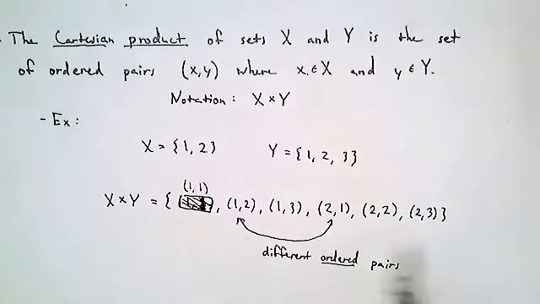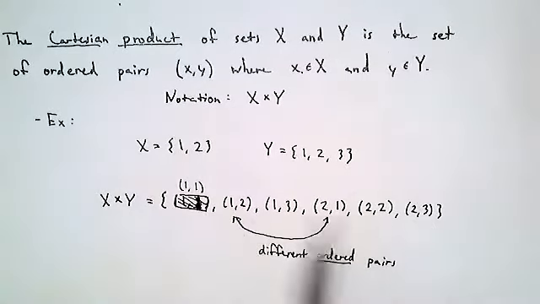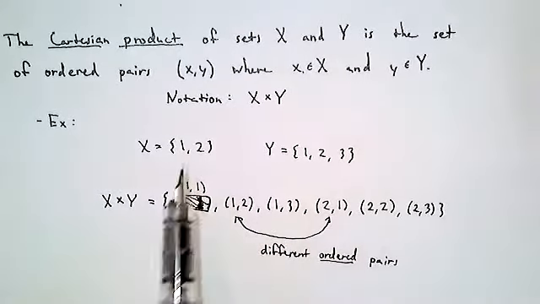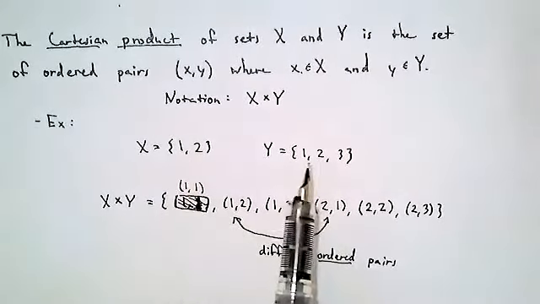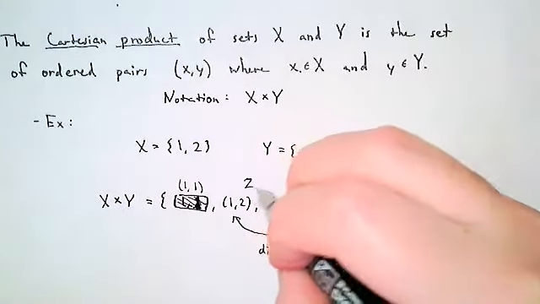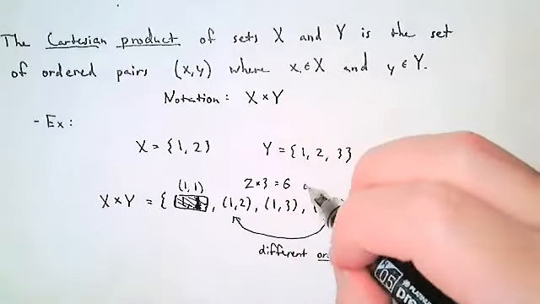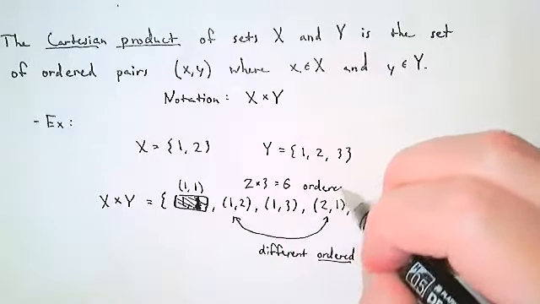Okay, and these are all of the ordered pairs. I'm a minute over, but for those of you that are still here, let me point out that there are 6 ordered pairs here, and we have 2 elements in this set, 3 elements in that set. So we end up with 2 times 3 equals 6 ordered pairs.